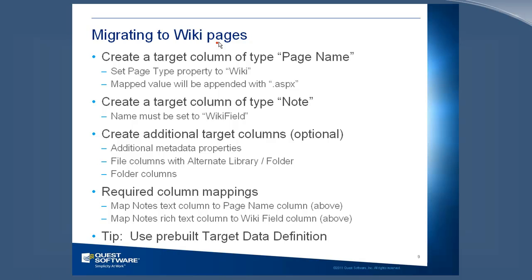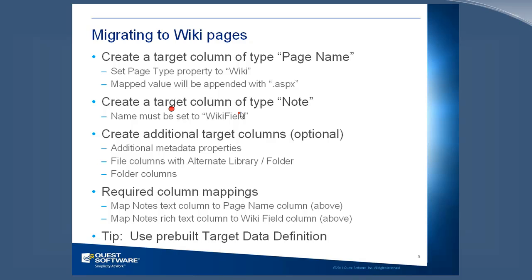And so if you want a wiki page, you create a column of page name and you set the page type to wiki. Now there's also a property for controlling the extension of the file, but in every case I've ever seen, you just want to leave that to be .aspx. This will actually create the page, and then you think about migrating the content to that page.